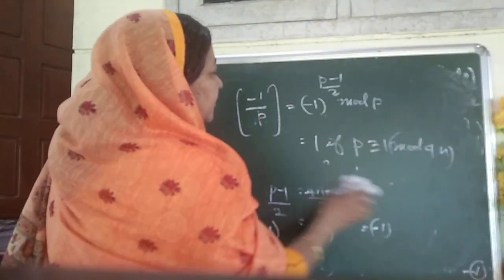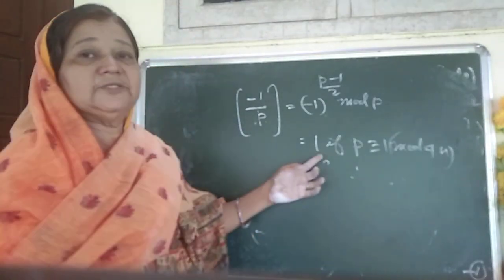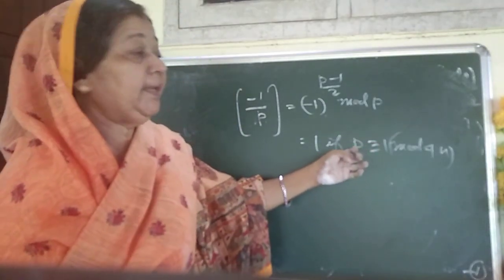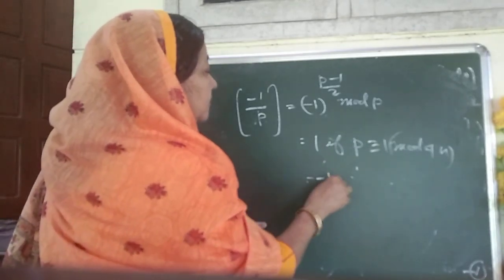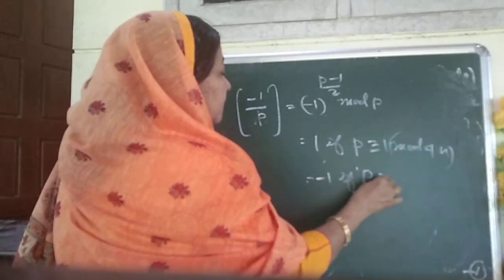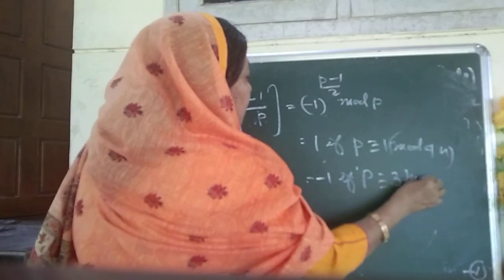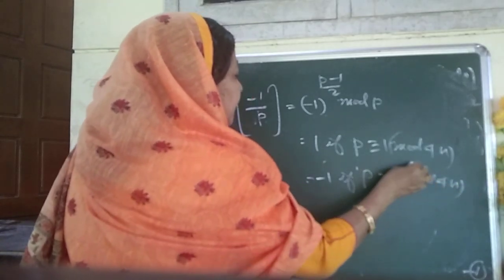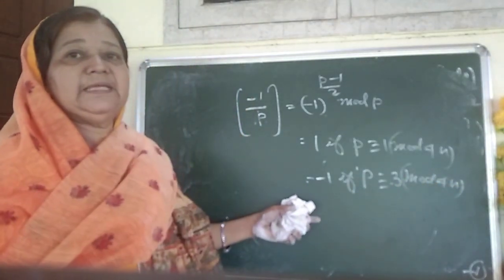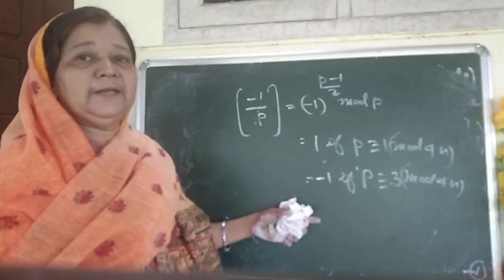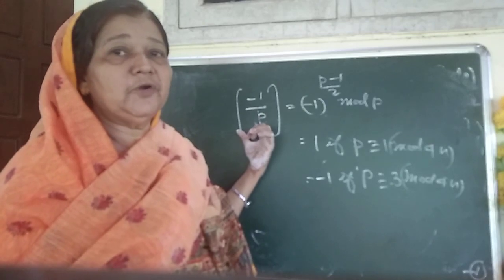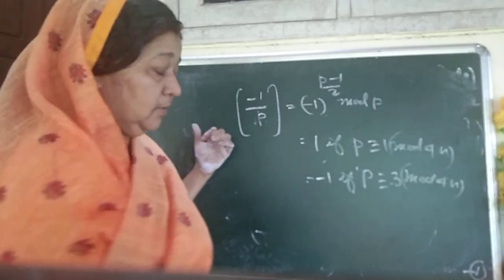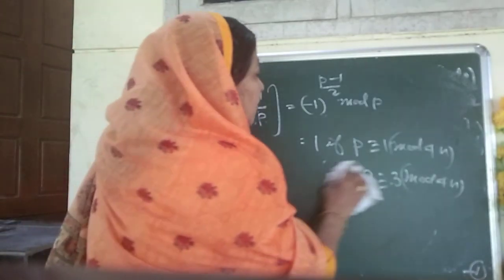Therefore, it is equal to -1. That is, if p is a prime of the form 4n plus 3, then -1 is not a QR, it does not belong to the quadratic residue modulo p.